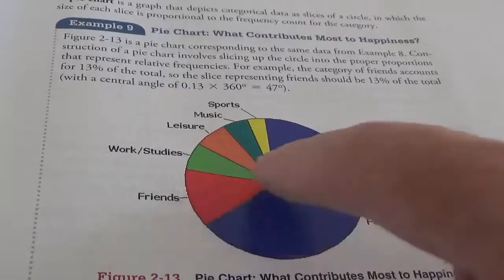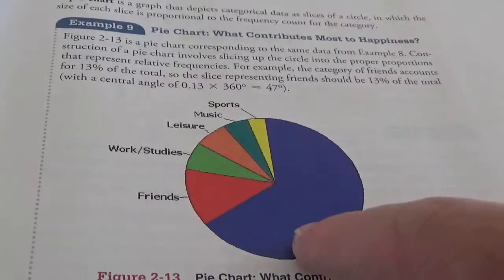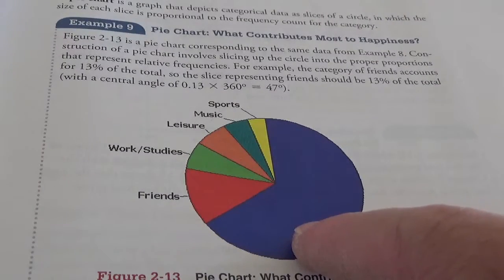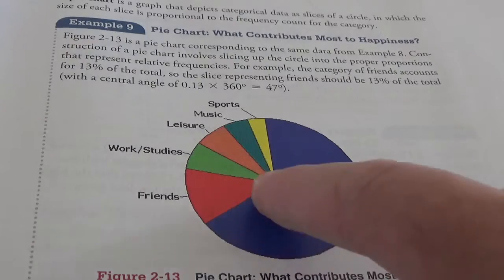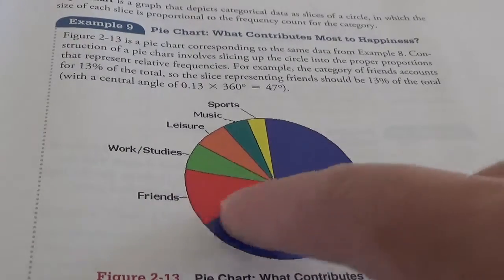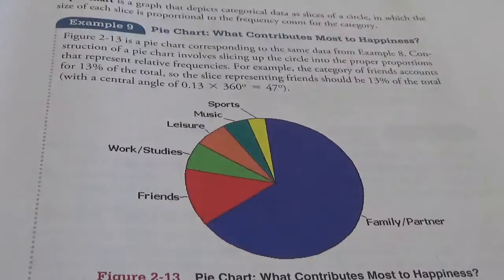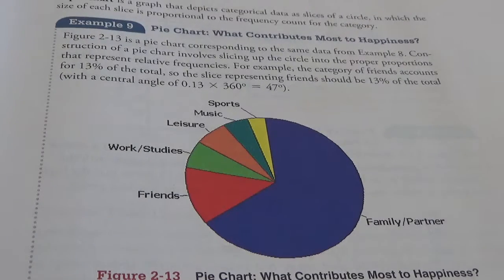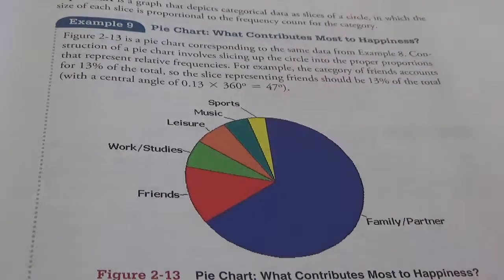That's only 13% of 360 degrees. You find that by multiplying 0.13 times 360, which is 47 degrees. So you'd have a 47 degree slot there. Or you could just estimate 13% of the full circle. 13% of 100 is not very much.